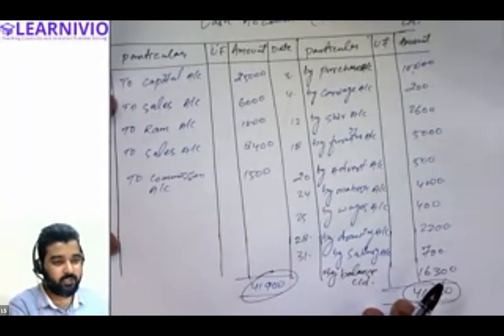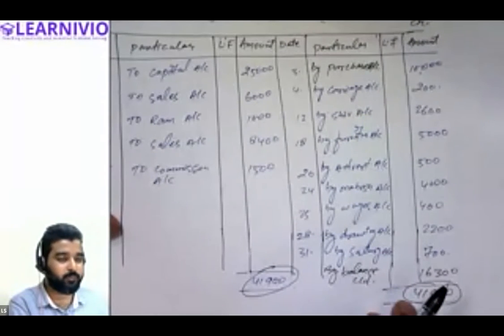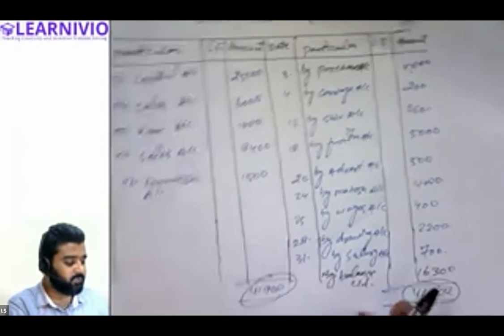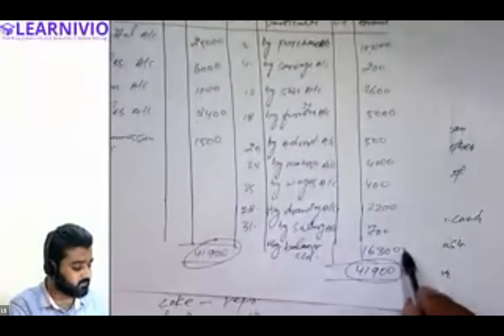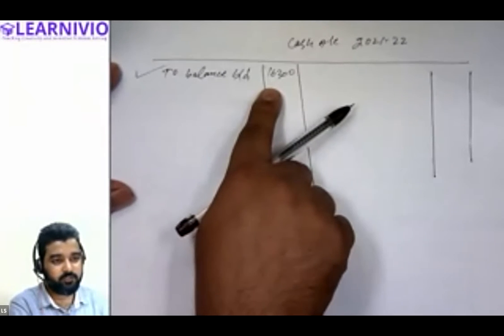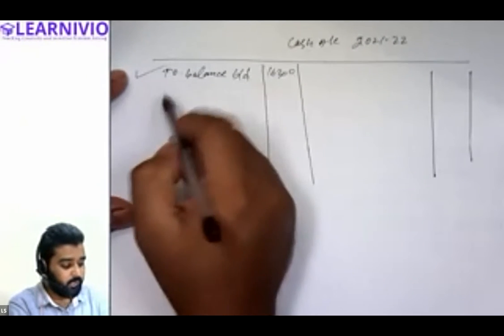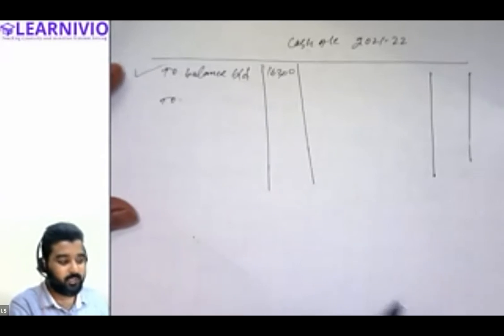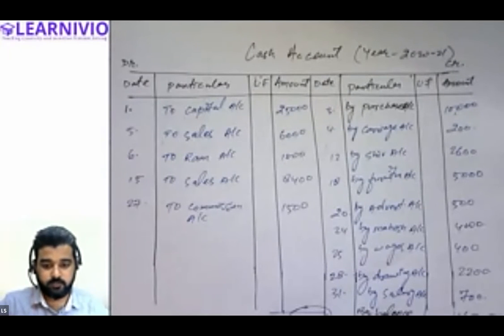And when you continue making the same account in the next year, you will write this amount as the balance b/d, 16,300. Accordingly, every transaction will be like the transactions we have passed in the previous account. Is everyone clear? Any doubt? Yes, sir, clear.